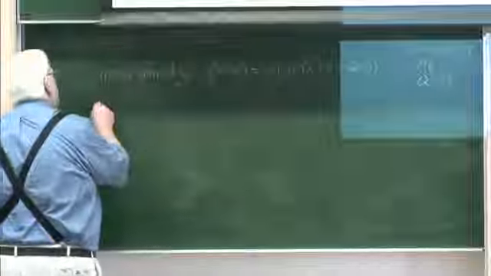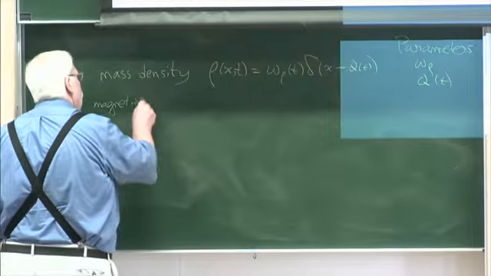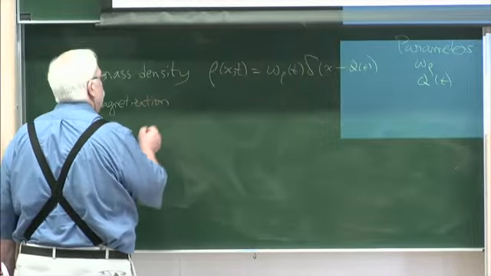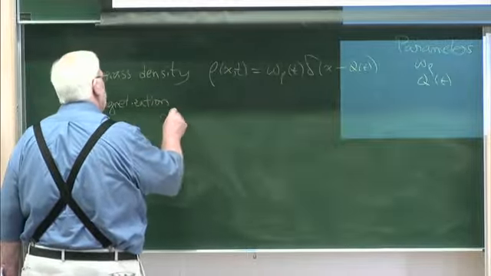And we have a magnetization density, which is a one-form vector, one-form density.